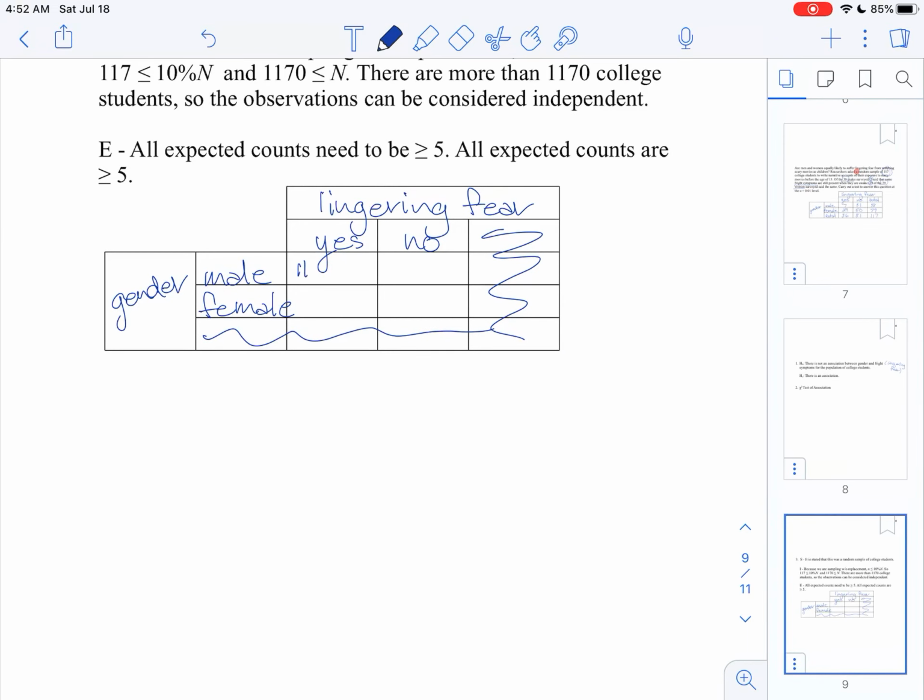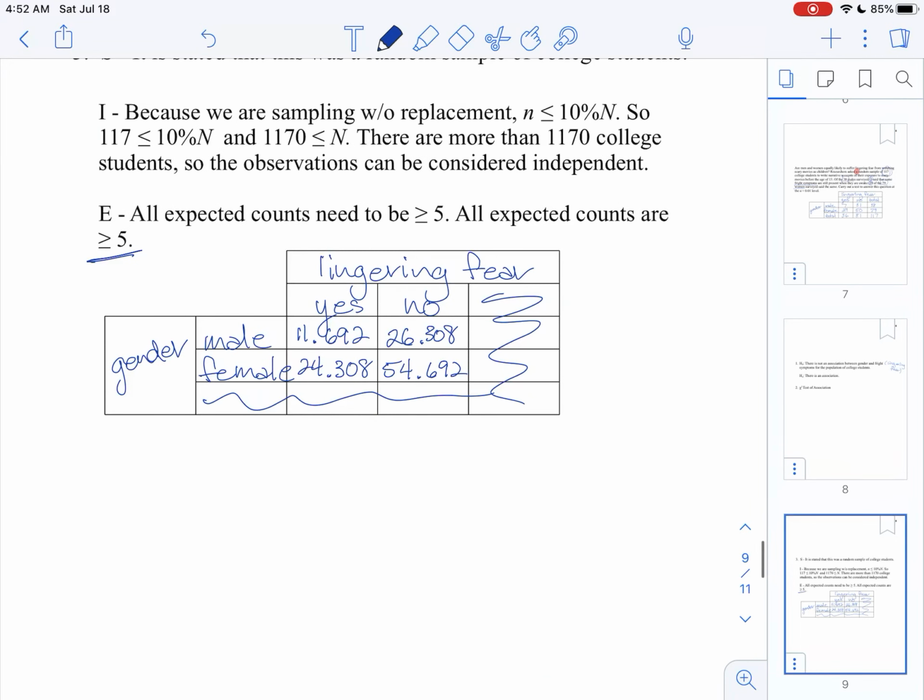So we had, what was that, 11.692 and 26.308 and 24.308 and 54.692. And all expected counts are greater than or equal to 5, and they can see them right there in the table. Okay.